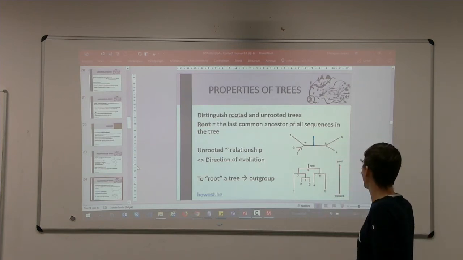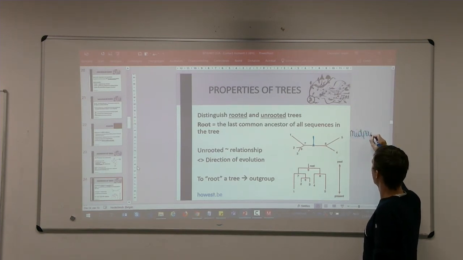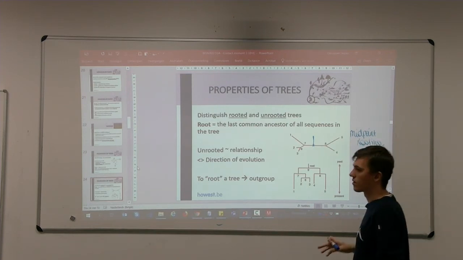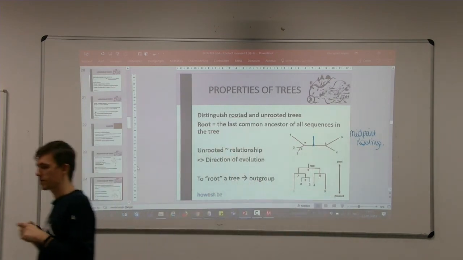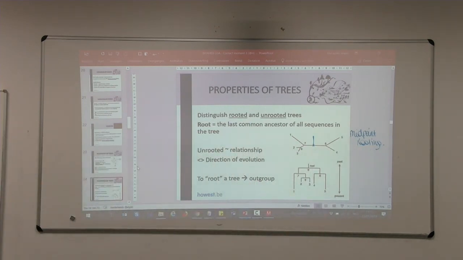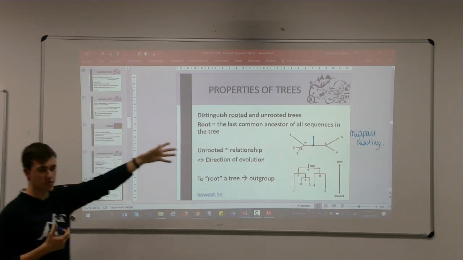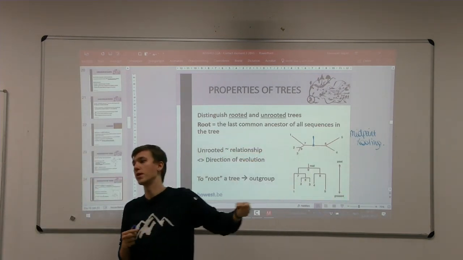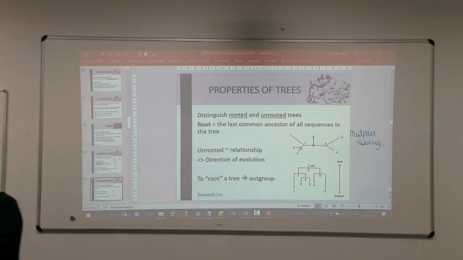This is called midpoint rooting. Which is of course not always correct. Most of the time we will have algorithms that produce a rooted tree, but this is actually produced due to midpoint rooting, not because we actually know the direction of our evolution.